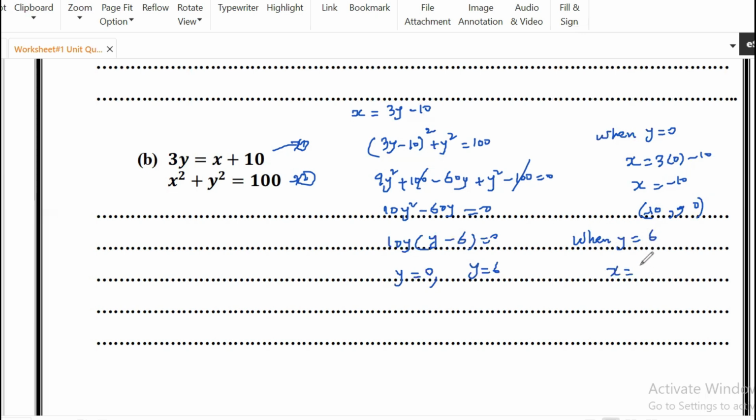So x is equal to 3 into 6 minus 10. That means x is equal to 18 minus 10, which gives us 8. So when y is 6, x is 8, means 8 comma 6. So these are the pairs or roots of these two simultaneous equations, when one is linear, one is non-linear.